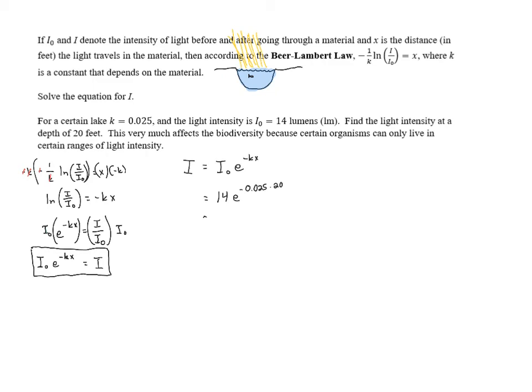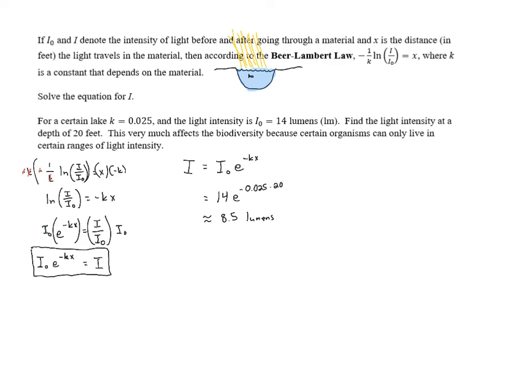And when we use a calculator to get an approximation, we see that this is approximately equal to 8.5 lumens, which is a little bit more than half of the original light intensity when it hits the surface. So when those rays of light go 20 feet through the water, they end up being just over half as strong as they were when they hit the surface of the lake.